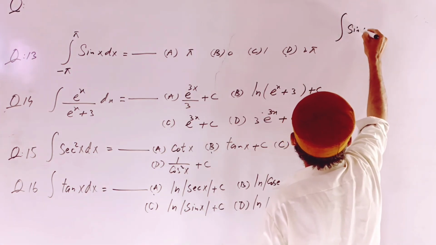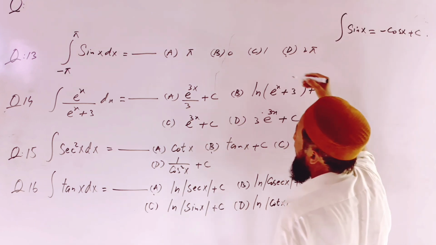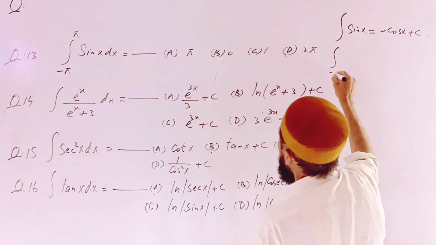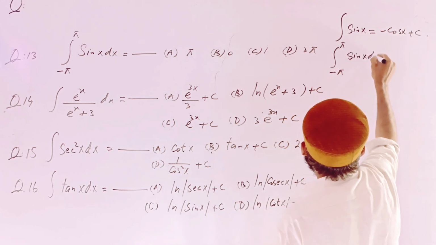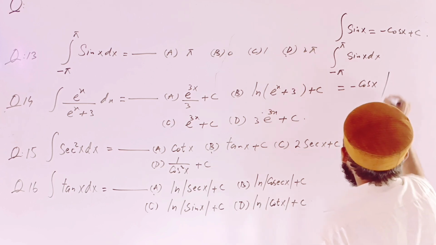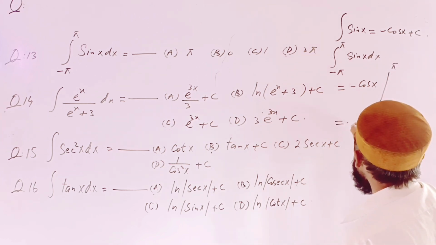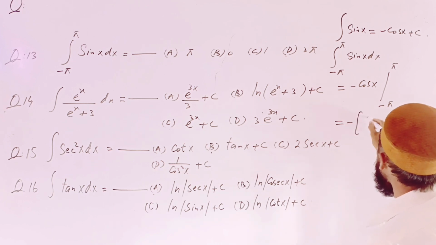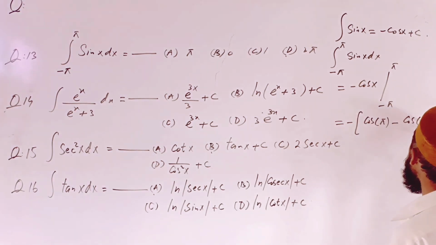Integration of sin x is equal to minus cos x plus c. But here we are using lower and upper limits, minus pi and pi. So for integral of sin x dx, what is the result? In the place of cos, first we put pi, minus cos of minus pi.